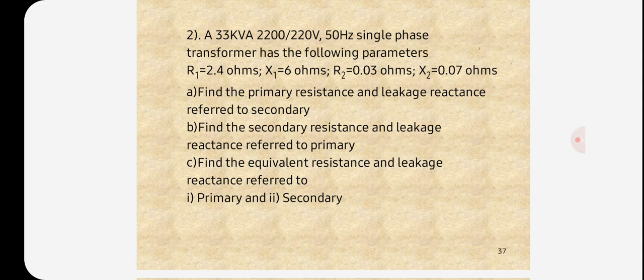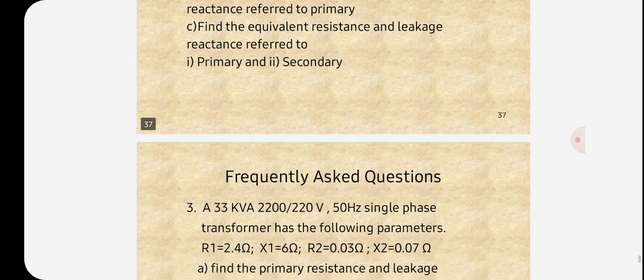Find the primary resistance and leakage reactance referred to secondary, and find the secondary resistance and leakage reactance referred to primary. Find the equivalent resistance and leakage reactances referred to primary and secondary.